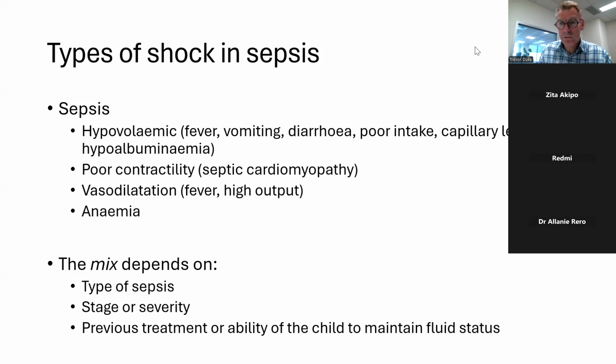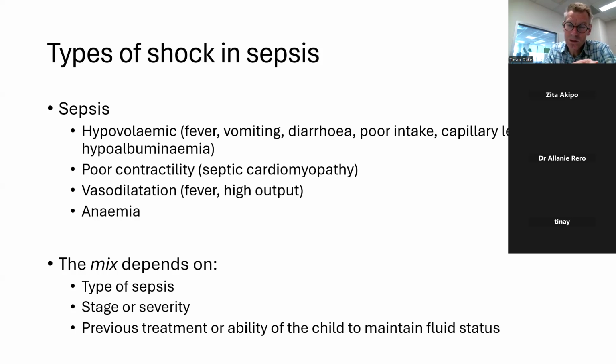Another reason in septic shock, as you know, is that sometimes the blood vessels leak protein. And so they have a capillary leak syndrome and they have low levels of albumin in the blood. And that leads to relative hypovolemia. So in the child, the element of septic shock that's hypovolemia just needs fluid.